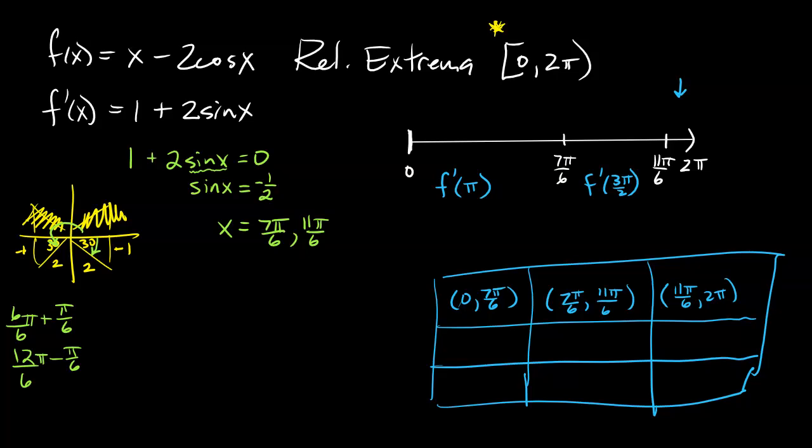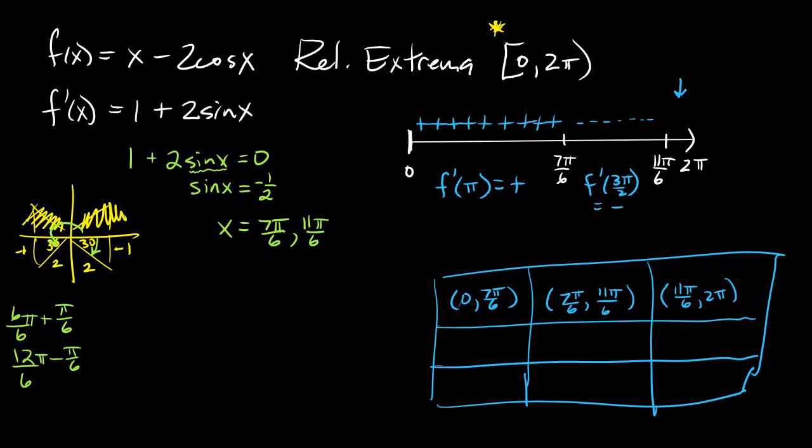Okay, if I plug pi into my first derivative, sine of pi is 0, so I get a positive answer. So it's a plus section. If I plug 3 pi halves in, sine of 3 pi halves is negative 1. So this would be 1 minus 2, or a negative section.